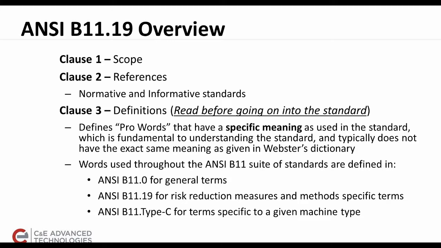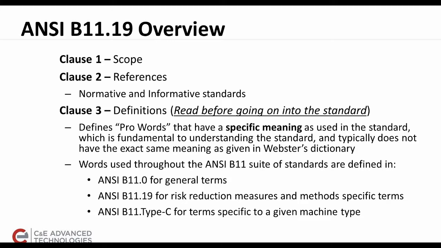It's fundamental to understand the use in the standard, and it does not typically have exactly the same meaning as you might be given in Webster's dictionary. As an example, there are specific requirements and functionalities between individuals, personnel, and operators. And without understanding what those are, the assignment of tasks would be difficult to generalize.